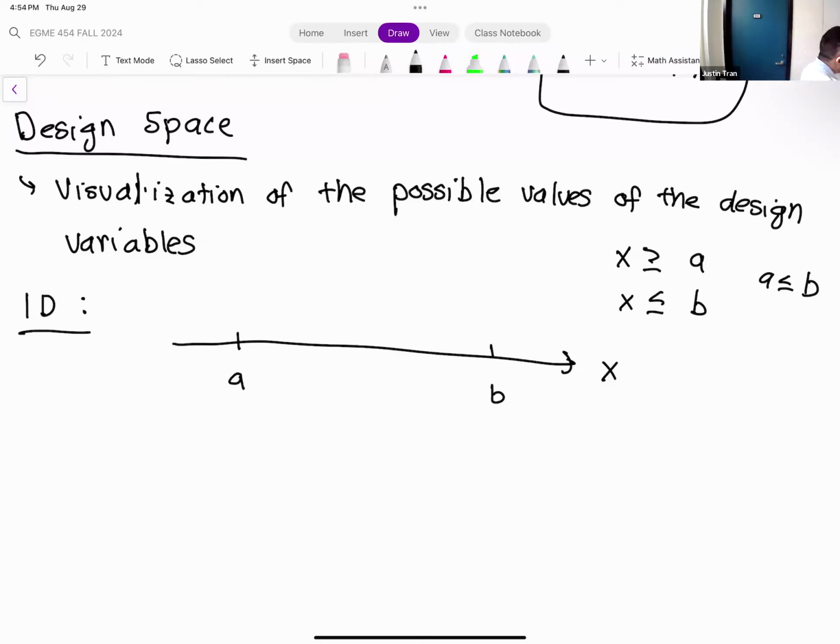If our value x has to be greater than a and less than b, that means our permissible region exists in the space in between. We say this is the permissible region or the valid region. Sometimes I'll say valid.